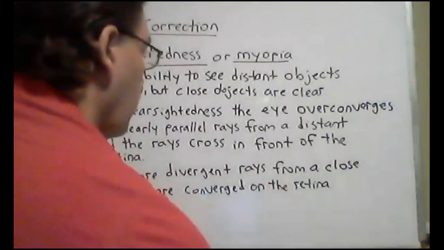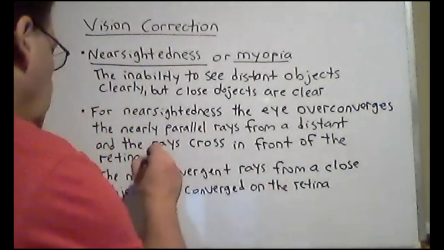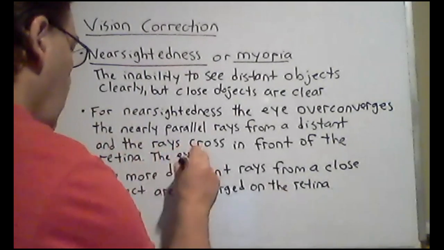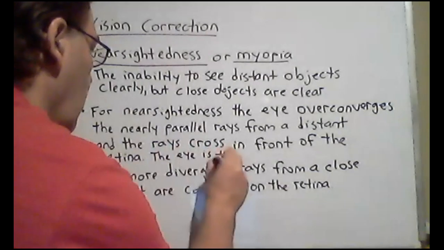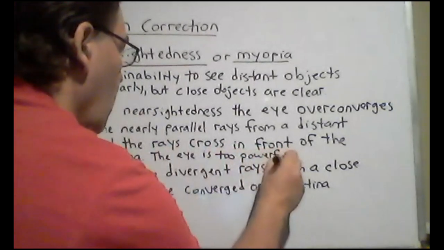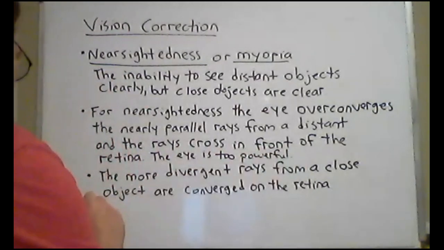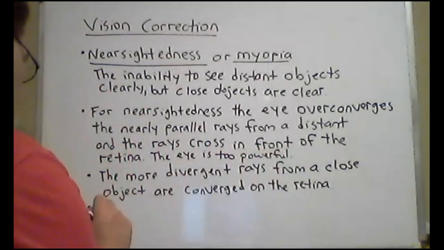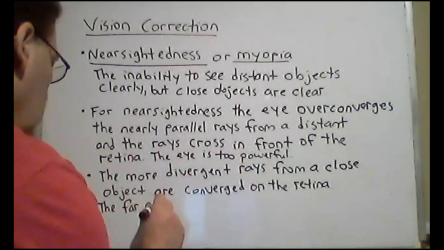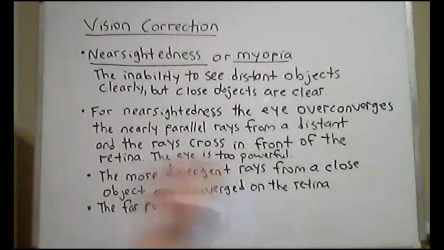Let's just say the eye has too high a power. The far point is not infinity, but a finite number.